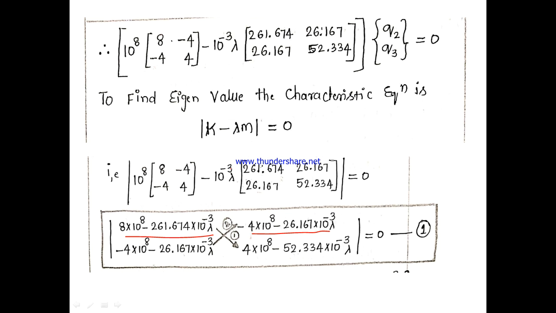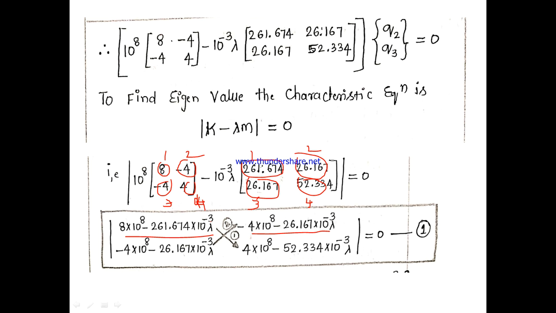So first I am going to add this, regular matrix addition, this and this and this. Okay, so 1, 2, 3, and this is 4, this is 4.